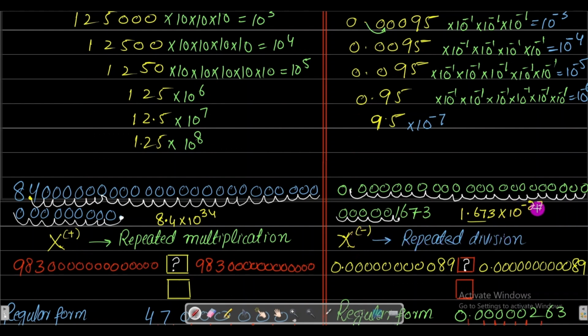It means that if we divide 1.673 by 10, 27 times, it will give us this value. So the minus sign indicates division.